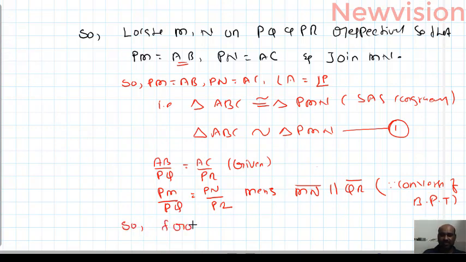From triangles, one is triangle PMN, another one is triangle PQR. Now I compare, I want to show the angles equal.